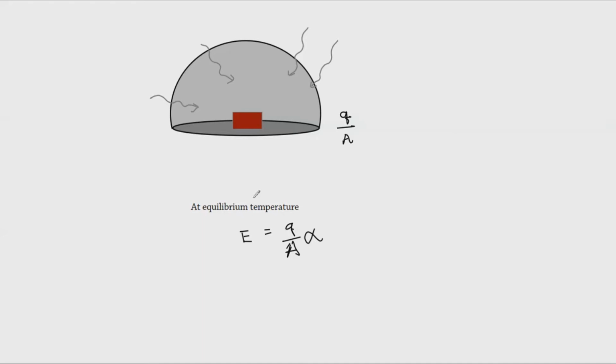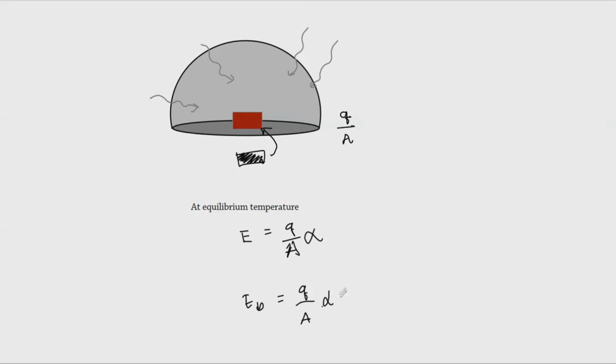And what if we try to substitute a black body through this with the same size, same area, same dimension? So at equilibrium, we could say that the emissive power of this black body would still be the same for such case.